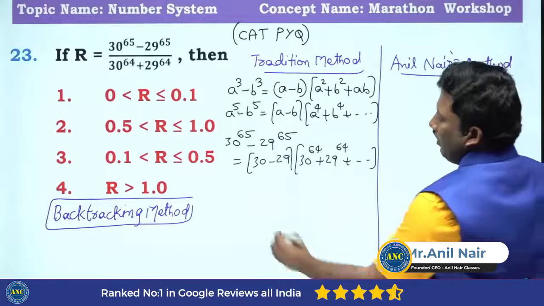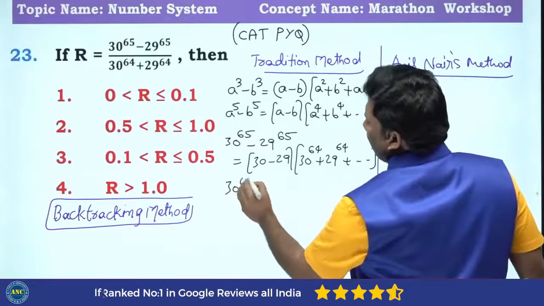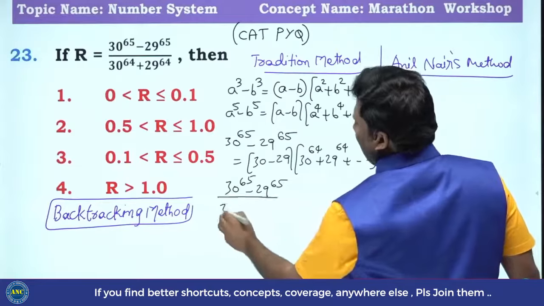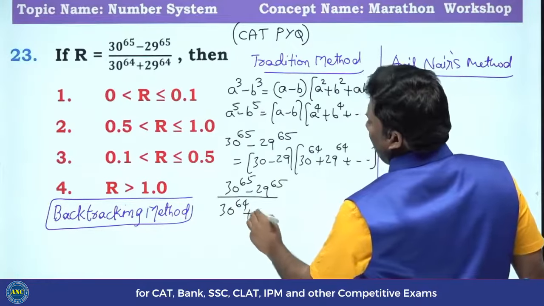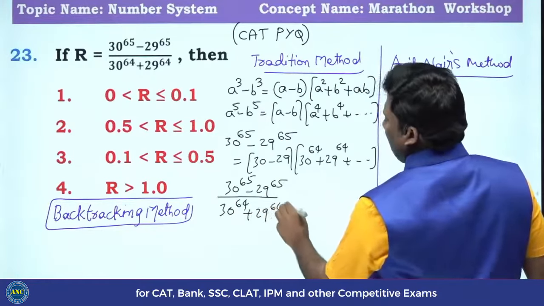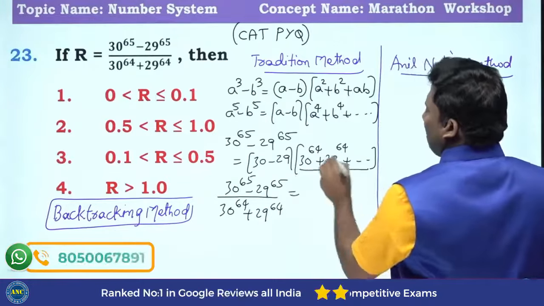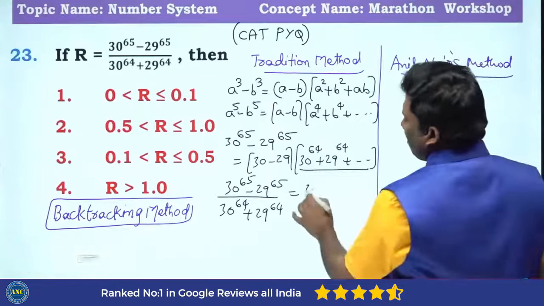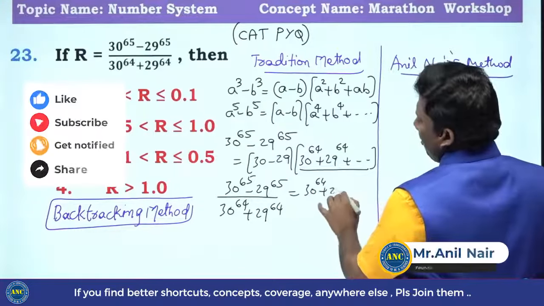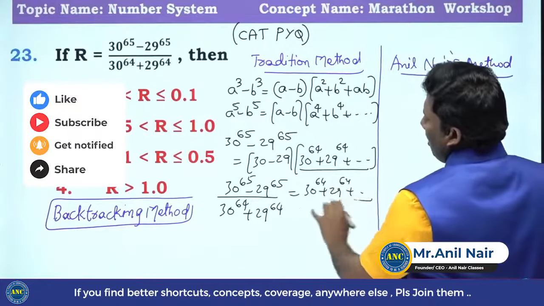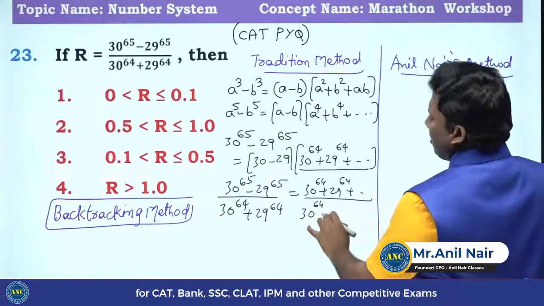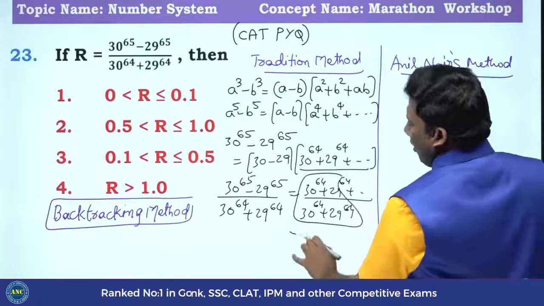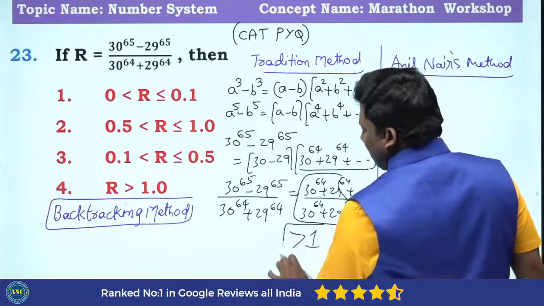So if I divide 30 power 65 minus 29 power 65 by 30 power 64 plus 29 power 64, the entire thing is 1 times 30 power 64 plus 29 power 64 plus something positive, divided by 30 power 64 plus 29 power 64. That is 1 plus something. The answer is greater than 1.